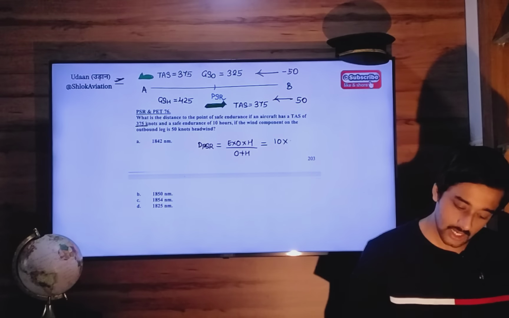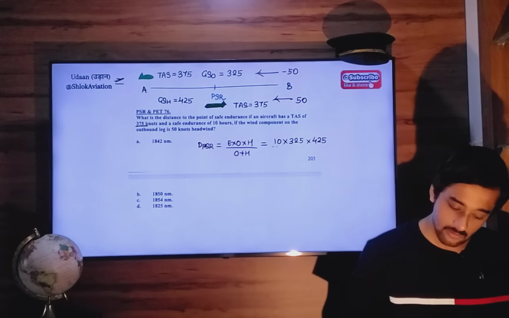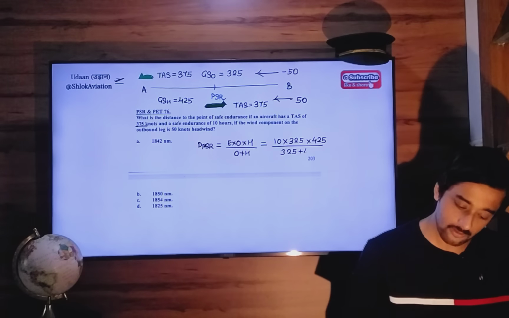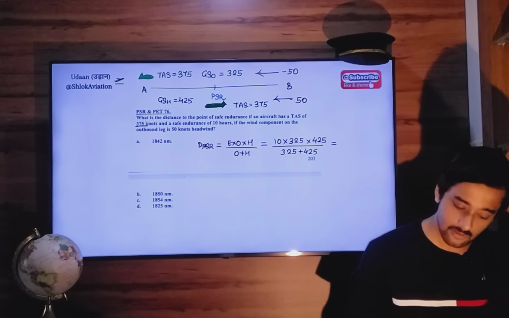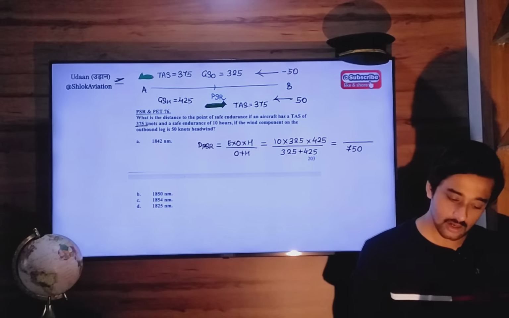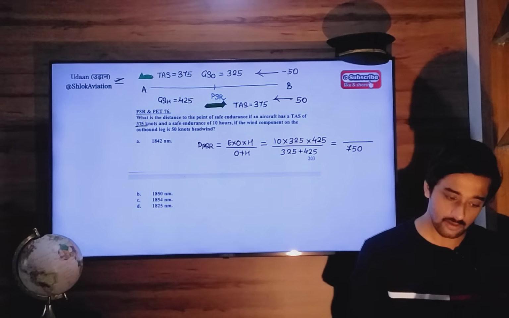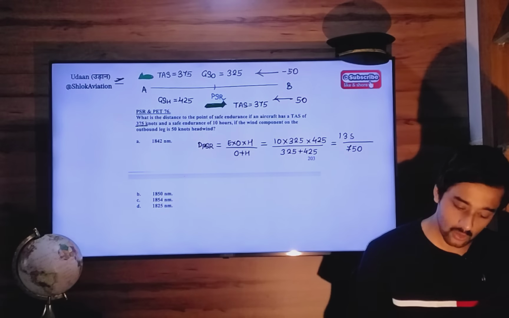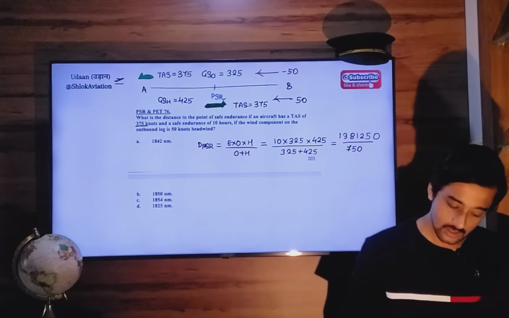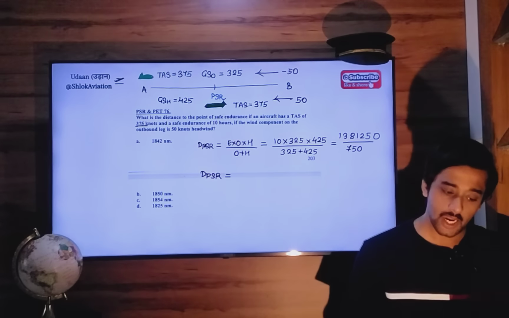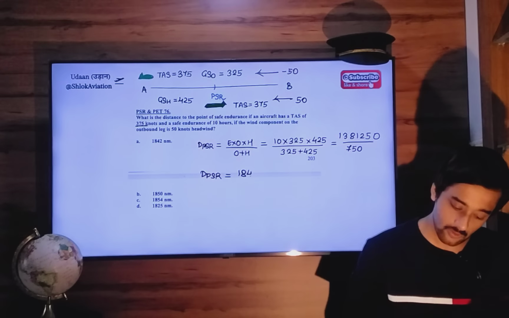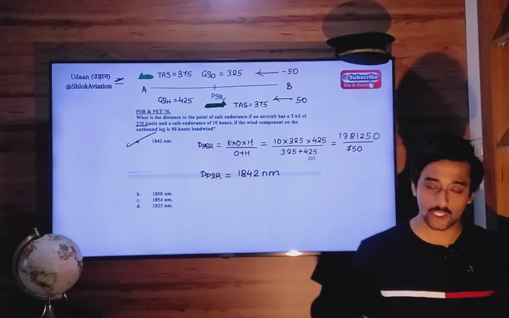So 10 hours into 325 into 425 divided by 325 plus 425, that is 750. Numerator 10 into 325 into 425, 1381250. So distance to point of safe return is 1841.6. So 1842 nautical miles, option Alpha.